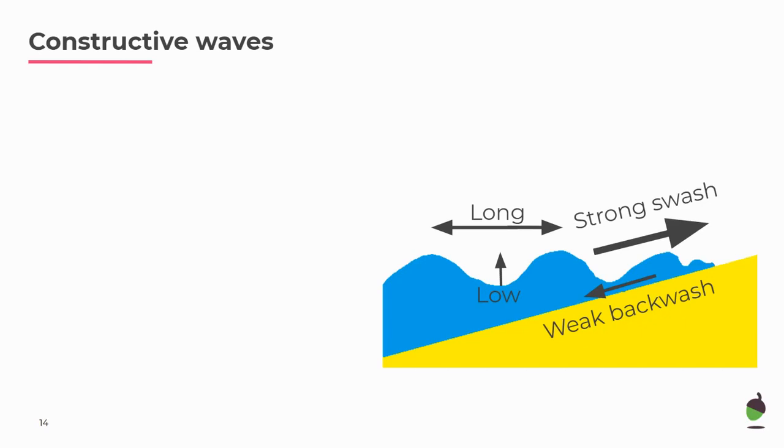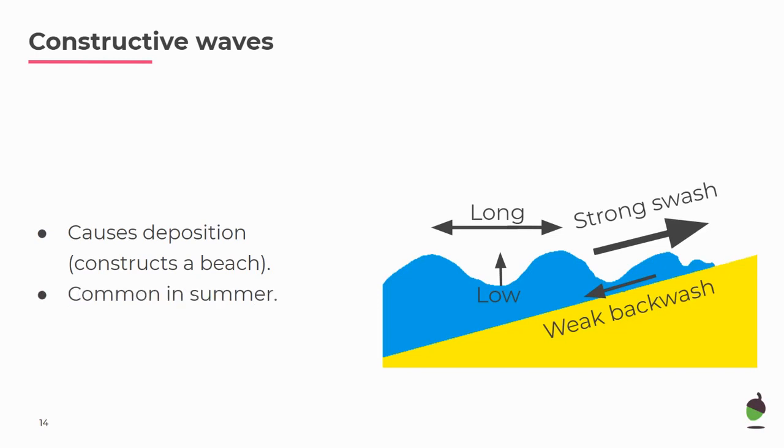So these waves come into the coast further apart. Constructive waves cause deposition. They construct a beach. They are mainly occurring during the summer, and they have a low frequency. So they arrive about 8 to 10 per minute, and that's linked up to the fact they have a longer wavelength.